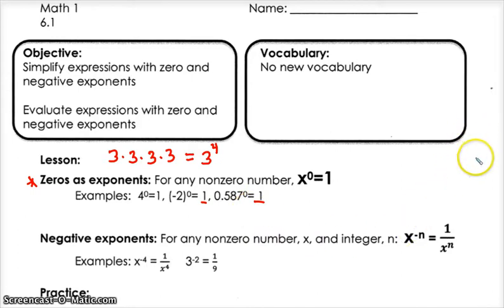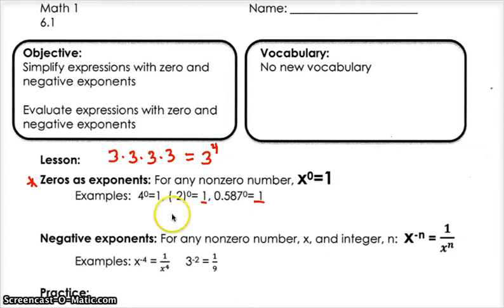Not too bad, right? Well, with negative exponents, we see something a little bit different. A negative exponent gets rewritten as a fraction. So, if I had any non-zero number x and any integer n as my exponent, I can see that x to the negative n is equal to 1 over x to the n.